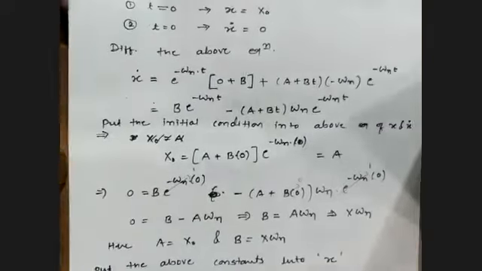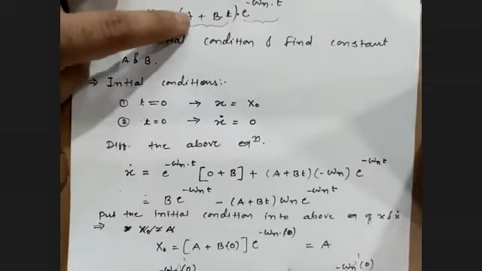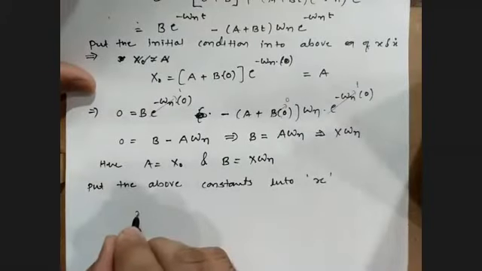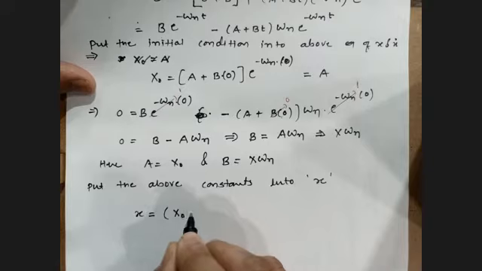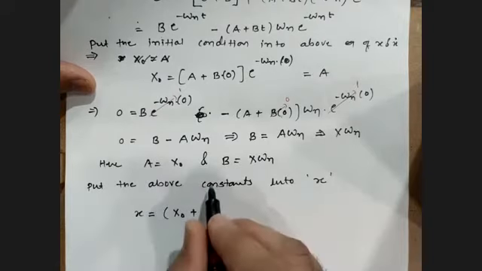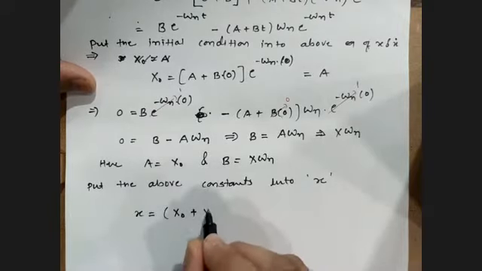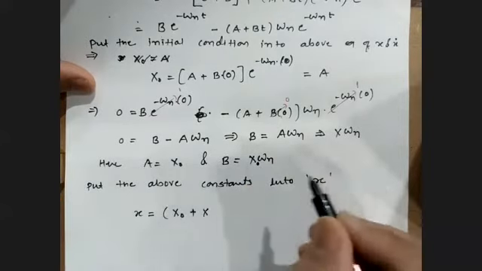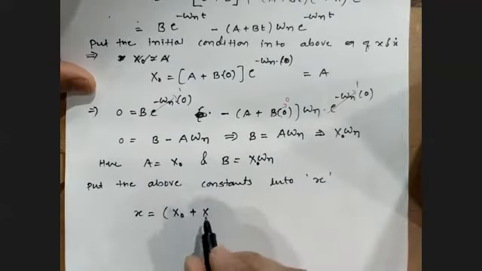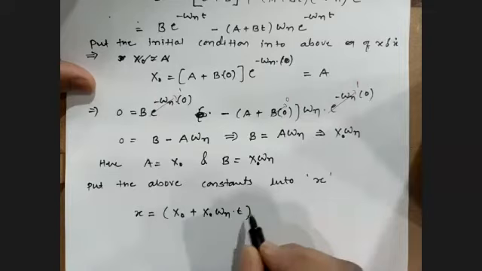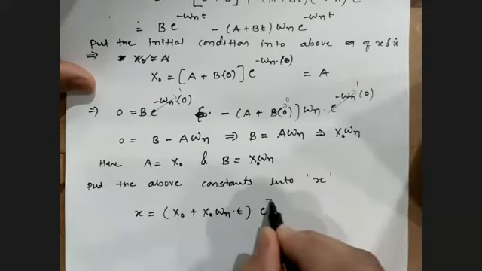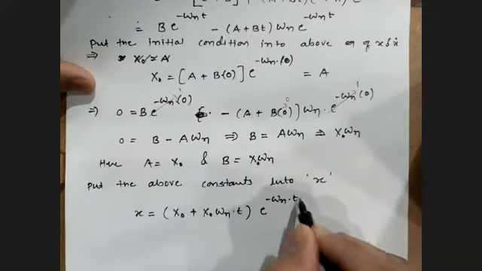So x is equal to a plus bt, to the power of something. So we are going to put it into this equation. x is equal to a, which is x0, plus b into t, that is again x0 omega n into t, into e to the power of minus omega n into t, right?